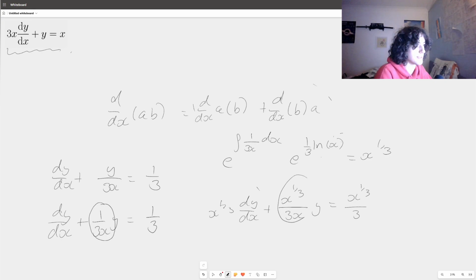Now this looks complicated and annoying, but actually you don't need to worry about that, because the way the product rule works is you have the differential of your first term times your normal term, and then the differential of your normal term multiplied by your first term. So if this is a differential of y, then we know that this is one of our starting values. And we also know that y is one of our starting values.